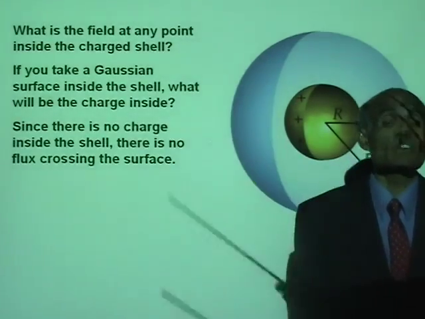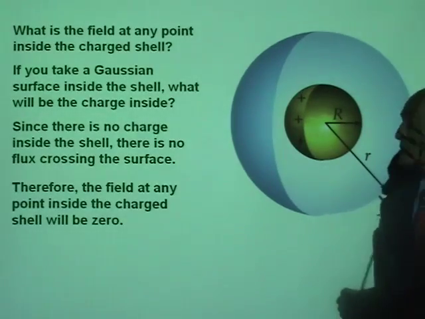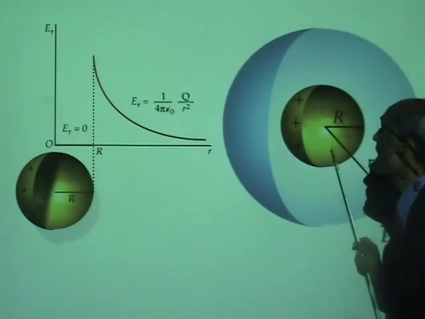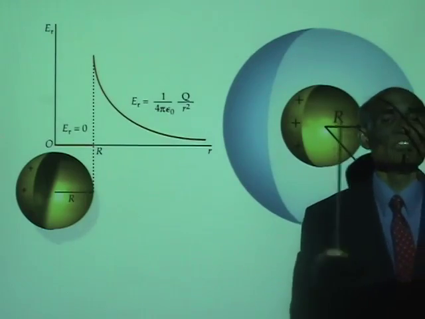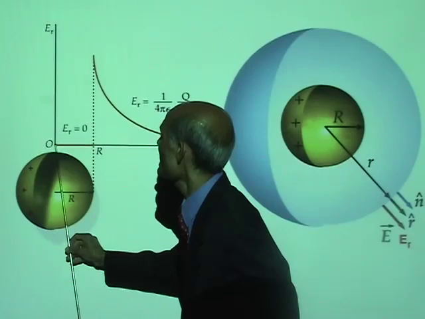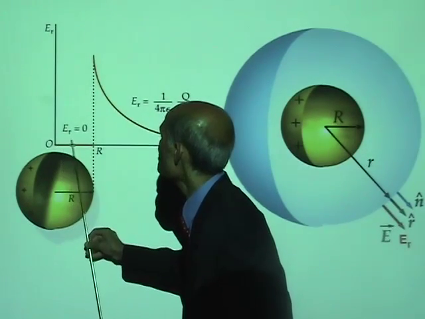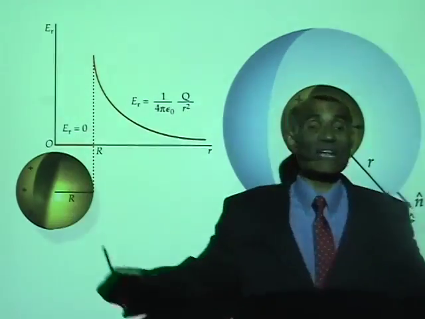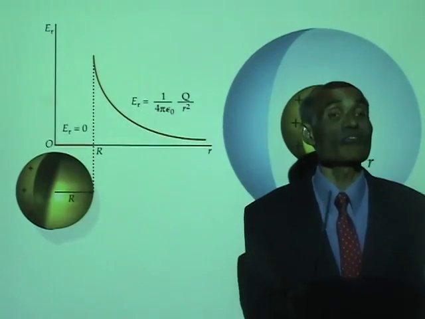If there is no flux crossing that surface, it means there will be no electric field. So what's the conclusion? The conclusion is that at any point inside a spherical shell, the electric field is zero. So from the center to the surface, there is no electric field. Anywhere inside a charged shell, there is no electric field.